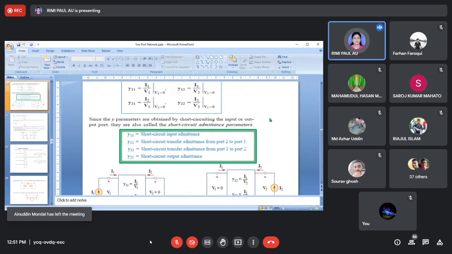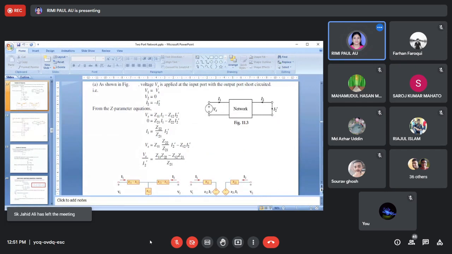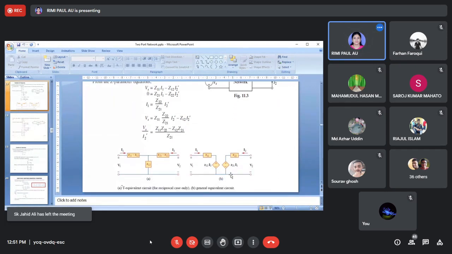Okay, if we take the Z parameter, this is the general model of the Z parameter. V1 is I1 into Z11, and Z12 is dependent on the current I2, the output port current. So here we have taken a dependent voltage source, which is Z12 I2.